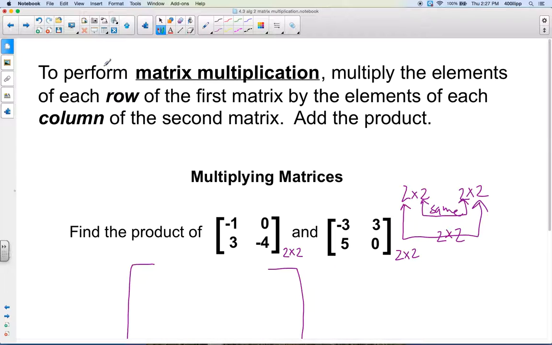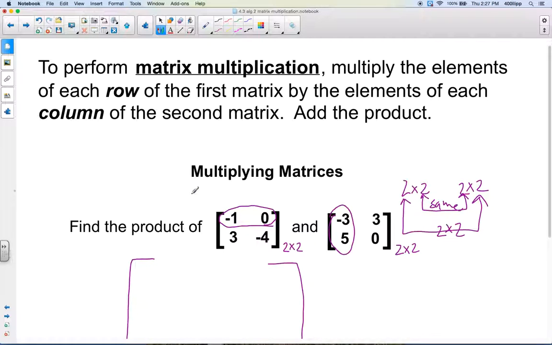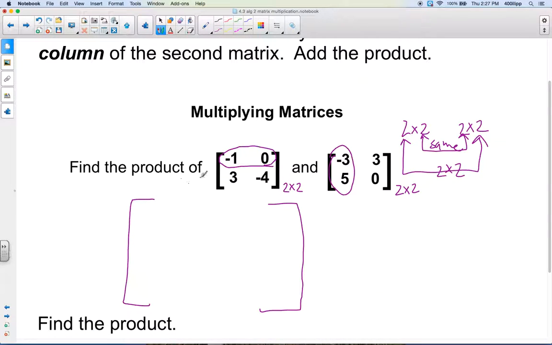So you're going to take the row and the column. So we're going to take this row, we're going to take this column. That's how we find the first element of our product. So I'm going to go -1 times -3 plus 0 times 5. That's going to be my first element after I solve that.